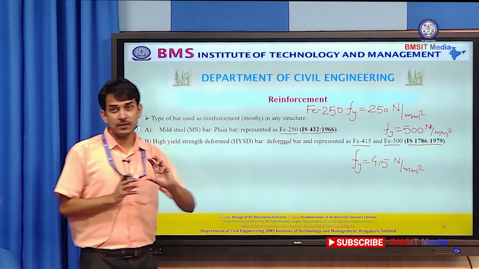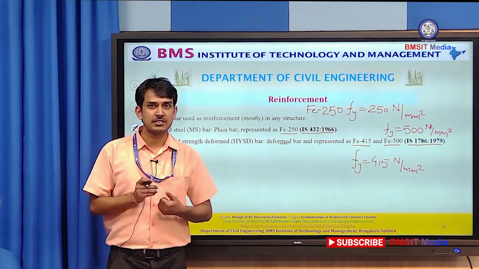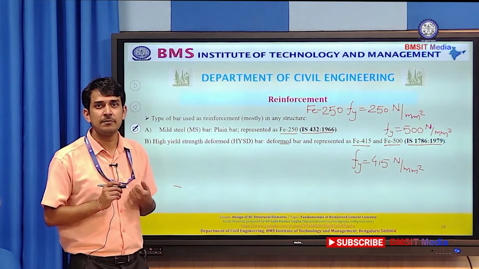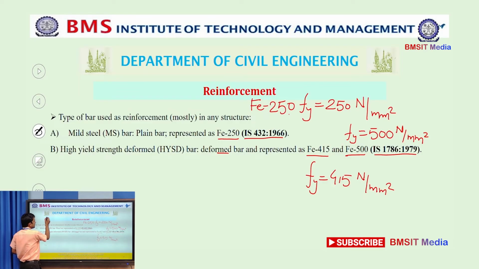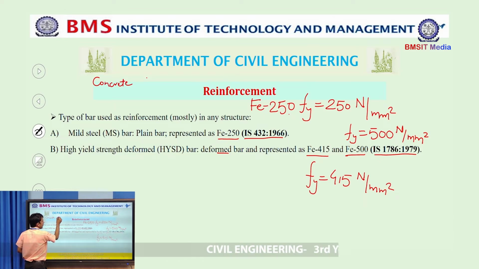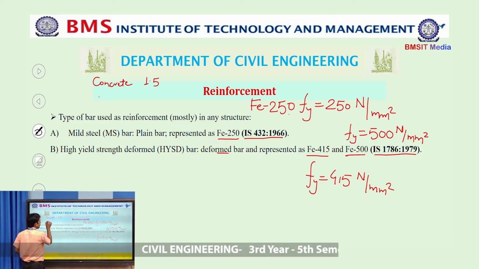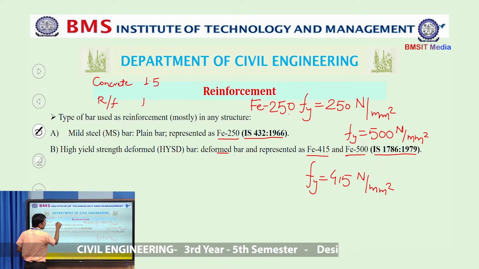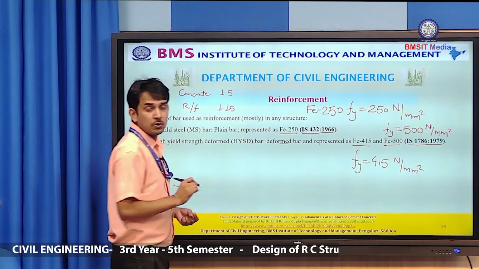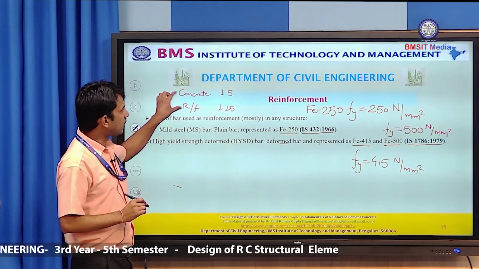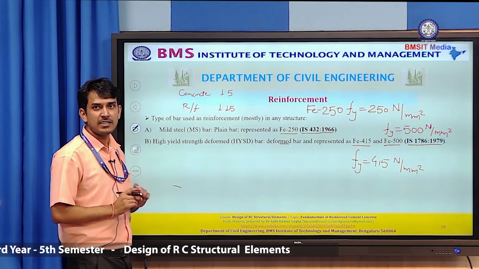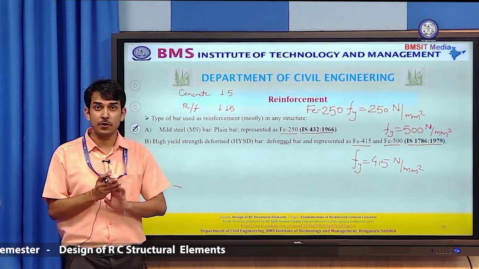Before going on, earlier I discussed with you the partial safety factors for the limit state. The partial safety factor for concrete is 1.5, and for the steel reinforcement it is 1.15.